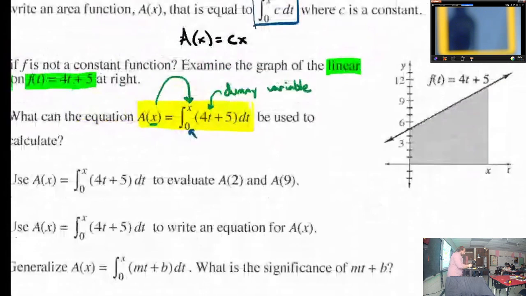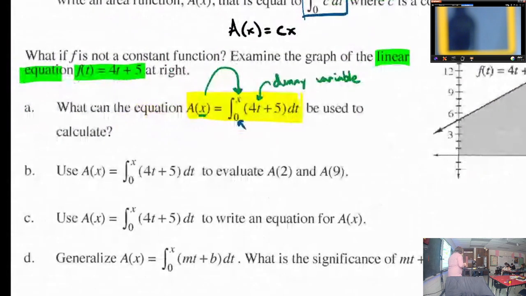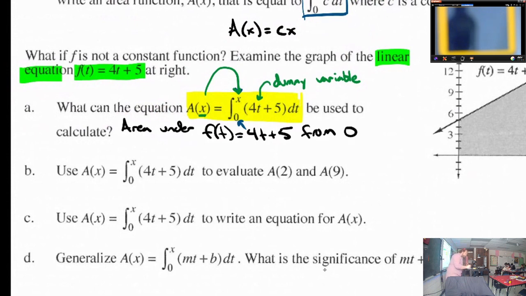So really what we're doing, if I want to try to translate this into sentences, what can the equation be used to calculate? It's the area under f of t equals 4t plus 5. Notice how we're using a different variable for that function. From 0 to x. That's really what's going on here.